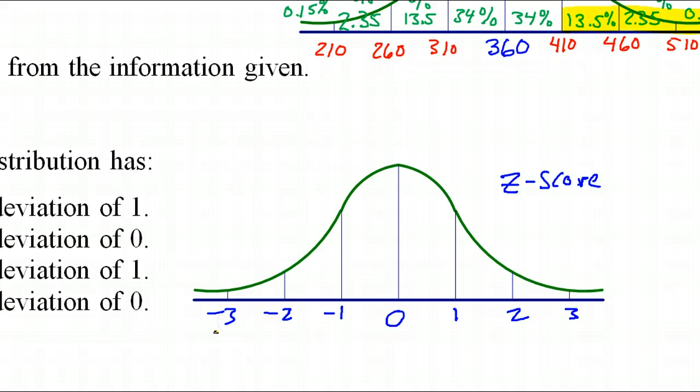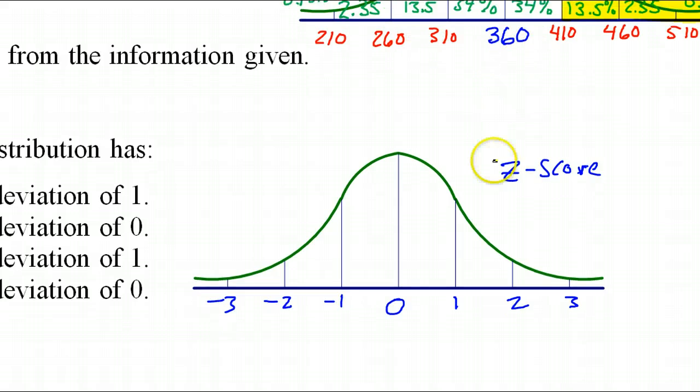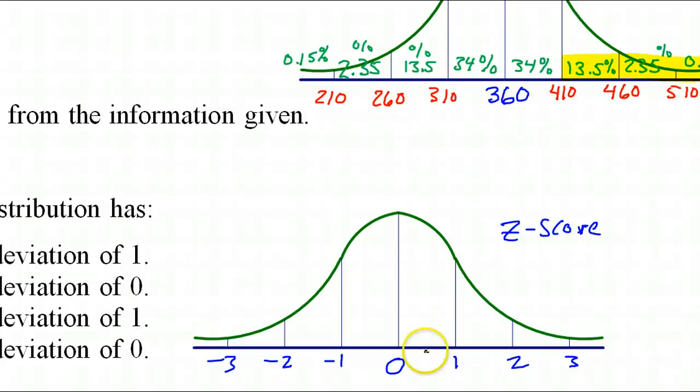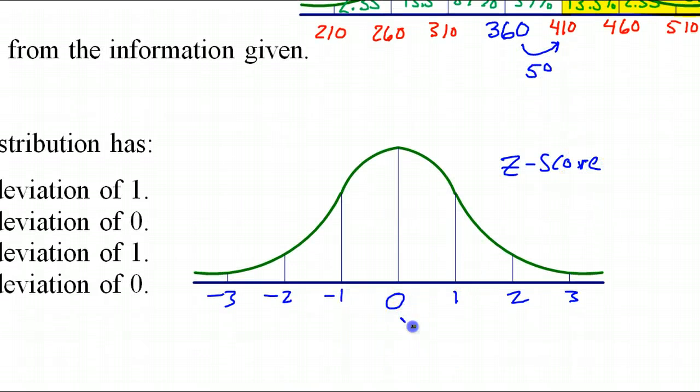Using the pattern that we did on problem number 3, if this middle number is 0, then that must be the mean of the z-scores. And the standard deviation: that's how we got the 410, we went up by 50. The standard deviation was 50 on this problem, and here we're going up by 1 every time.